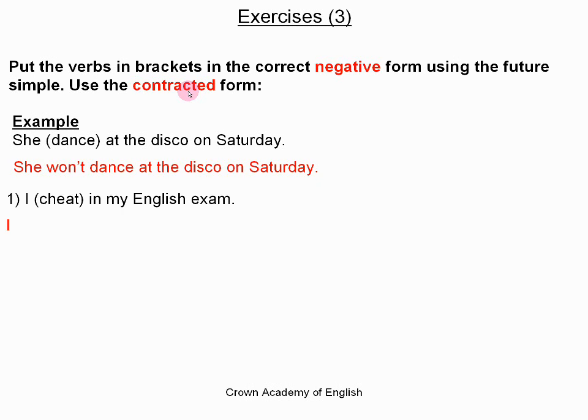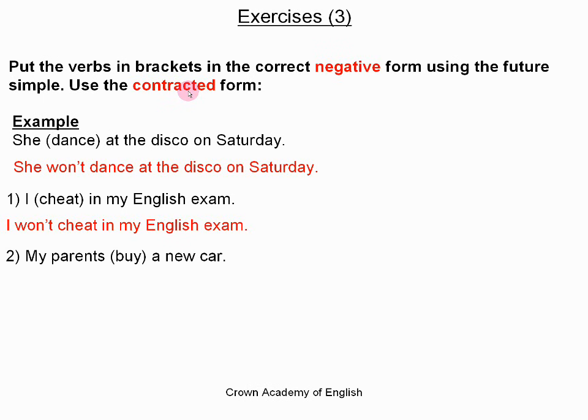And the answer is, I won't cheat in my English exam. The last question. And the answer here is, my parents won't buy a new car. Okay, so these are all refusals, if you remember, refusals. So will not becomes won't. W-O-N apostrophe T.